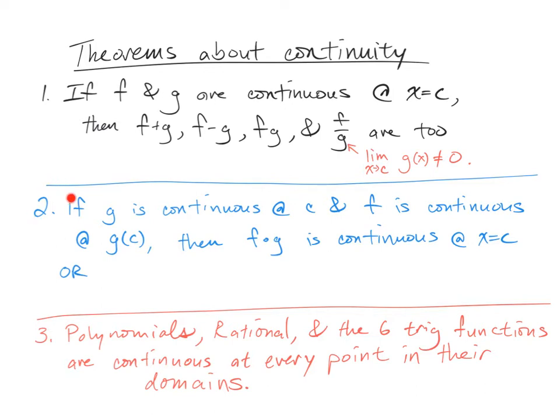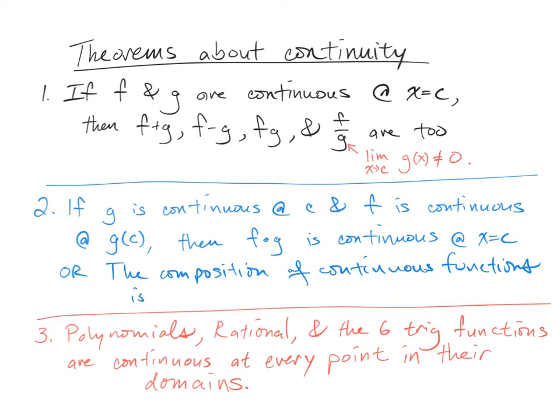And with this last theorem here, if g is continuous at a specific x value c, and f is continuous at g of c, then f composed with g is continuous at x equals c. The other way to say that is the composition of continuous functions is a continuous function.